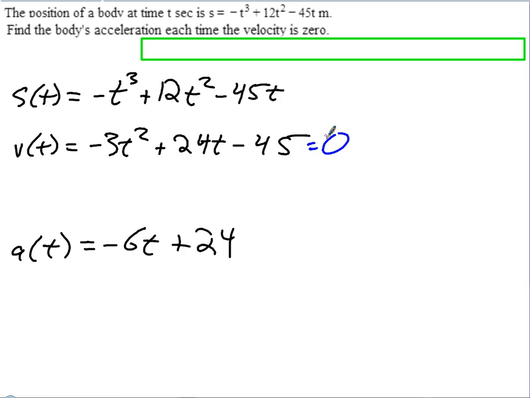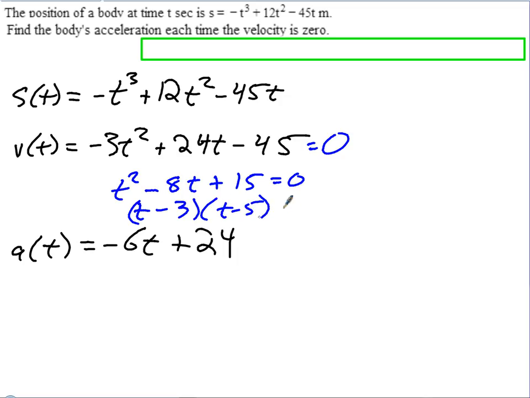I can take a negative 3 out of everything, and I'm going to get t squared minus 8t plus 15 equals 0, so negative 3, negative 5. So t minus 3 times t minus 5 equals 0.